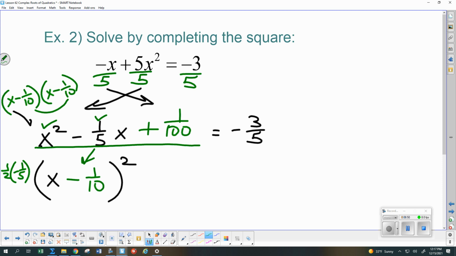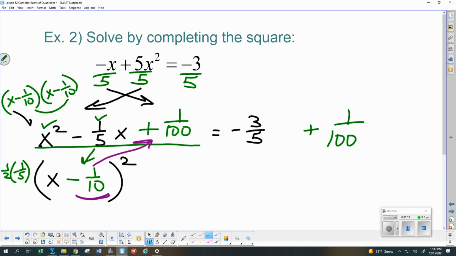We don't have to think through all those FOILing steps because we have observed that all we have to do is take whatever this is that we put in the small parentheses, square that, and that's what we add up above. But I can't just add it on the left.